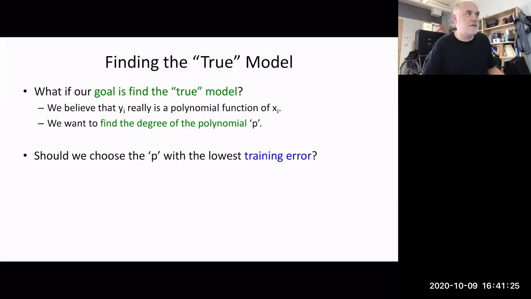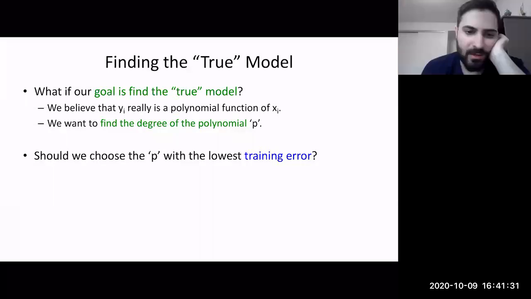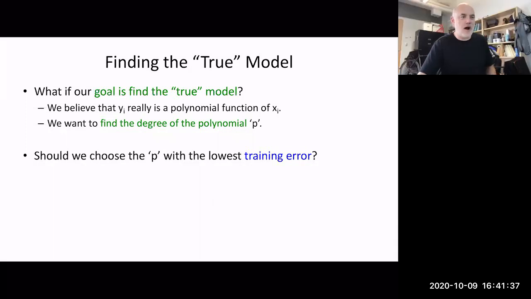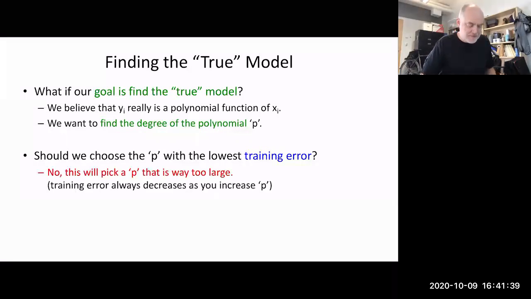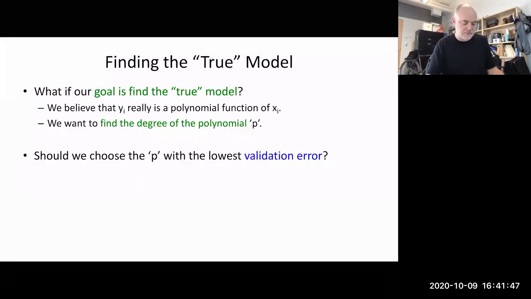So, Damon, should we choose the p with the lowest training error? No, not really. Exactly. Why? That's the question. Because it's going to pick a p that's always too large, because you can always decrease the training error as you increase p.